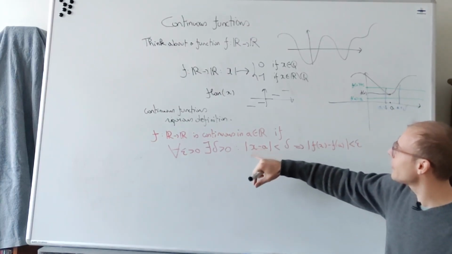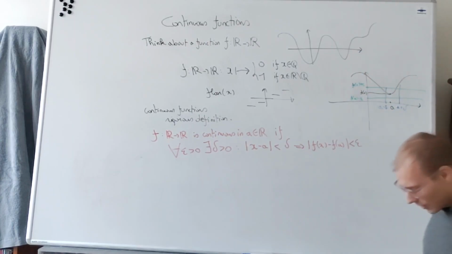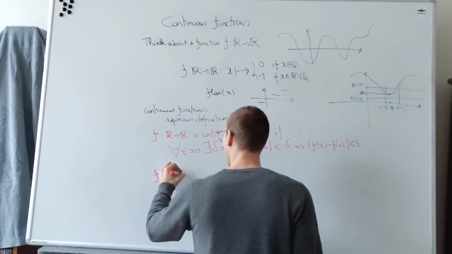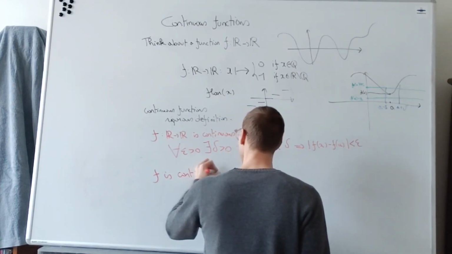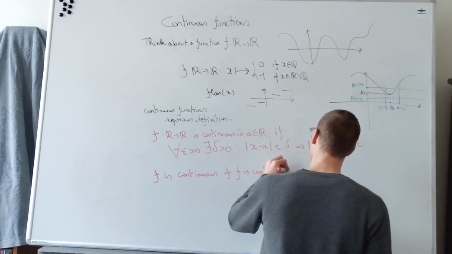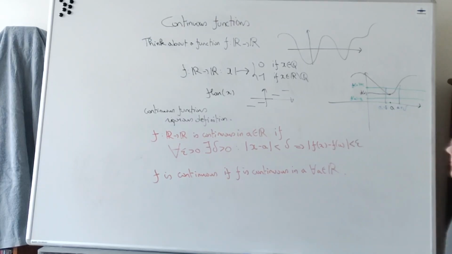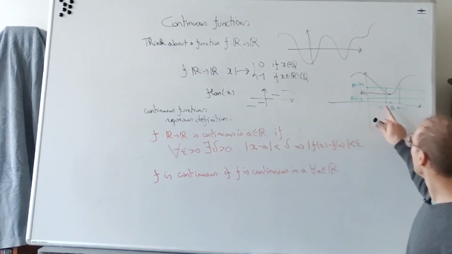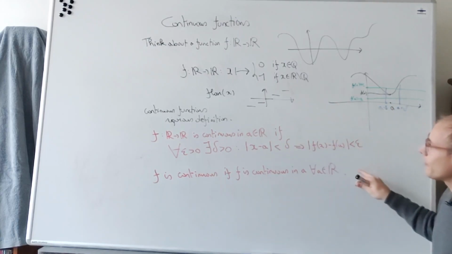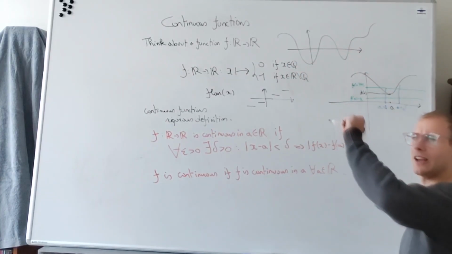Just think about continuous as something that is in a continuous line, but to make that expression clear, actually I need to say that f is continuous as a function if f is continuous in a for all a in R. So if you have a function for which this property holds for every a of my domain of the real numbers, then we say that it's continuous, and then this graph will indeed be something like a straight line.